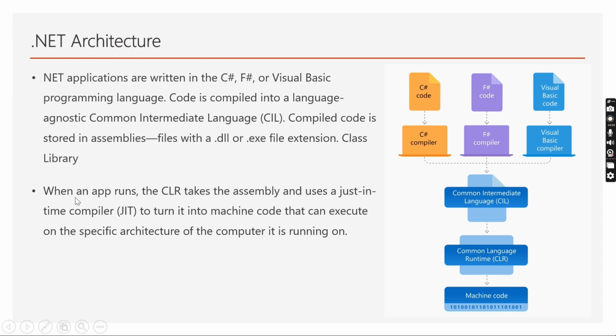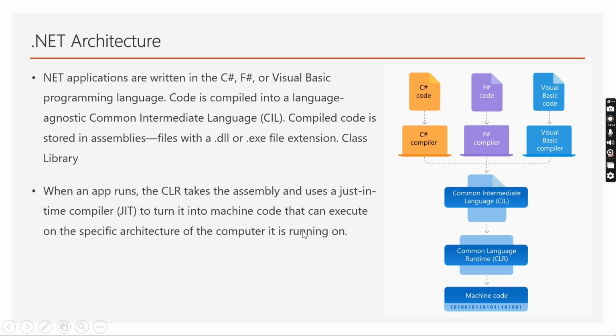That is called a class library. When the app runs, the CLR takes the assembly, the DLL or exe file, and uses the just-in-time compiler to turn it into machine code, so that it can execute on the specific architecture of the computer it is running on.